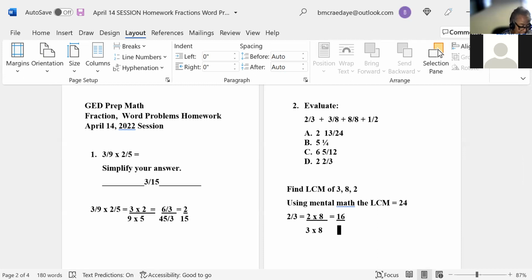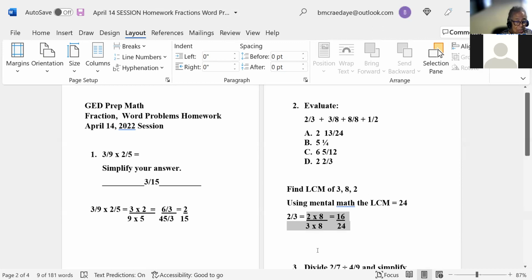No, we don't. Remember, we're trying to get them all the same denominator. That's 2/3, the 3/8, and 1/2. Because if we get them over the same denominator, then we just add the numerators, right? That's the rule for addition or subtraction. With the same denominator, you can then just add the numerators.